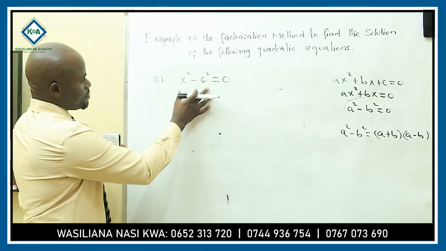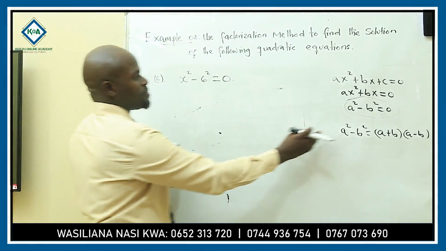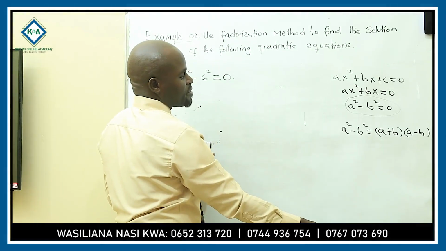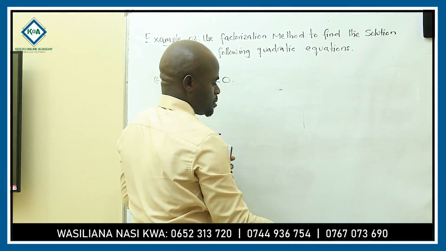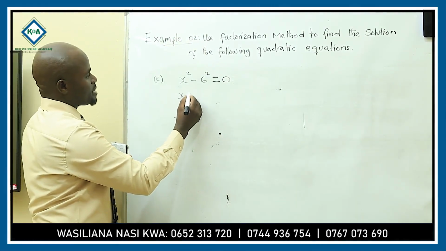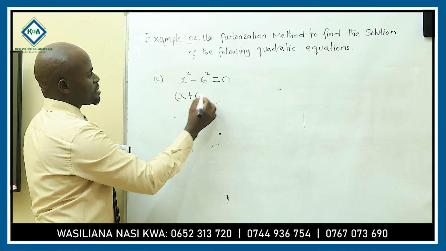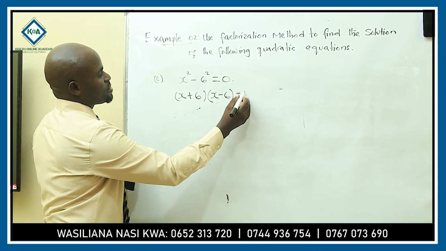So here, let's come back to our equation. Our equation is written in this form. So first we have to find the factors. Now our factors will be x plus 6, the second one will be x minus 6 is equal to 0.